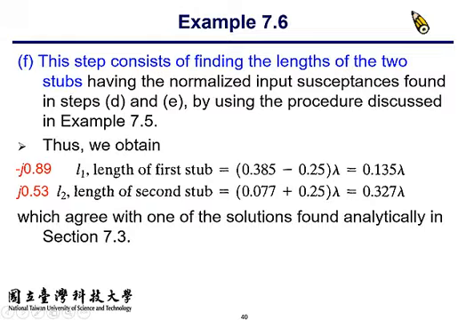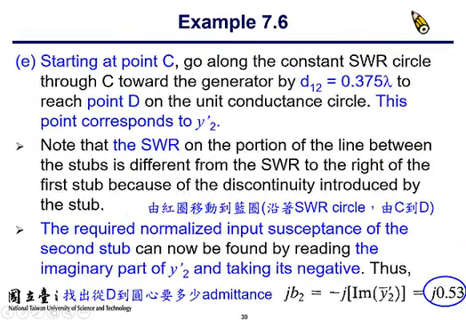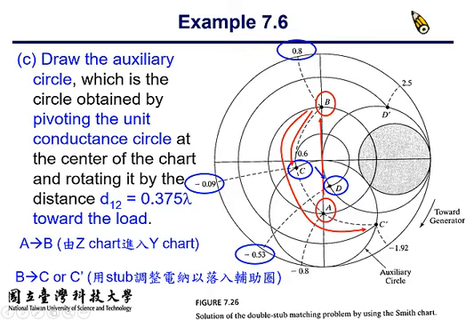So the length of the short stop is 0.327. And the first stop is 0.135. Okay, so with the connection of the second stop, you can move from point D to where? To the center.